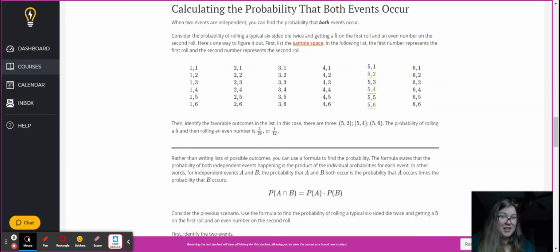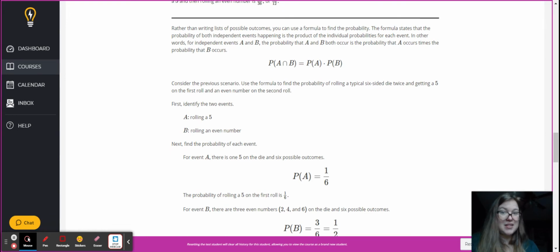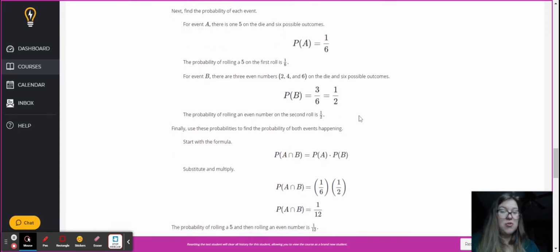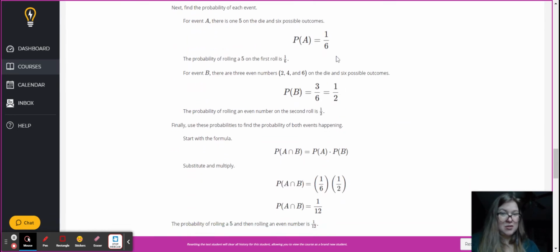Calculating the probability that both events occur, you would just take both events and multiply them, if you knew that both events were independent. Like we had this one, rolling a 5 on the die would be 1 out of 6. This next one said rolling an even number would be 3 out of 6, which reduces to 1/2.